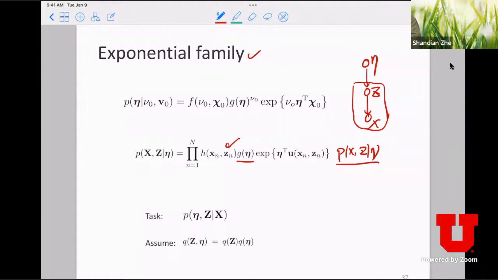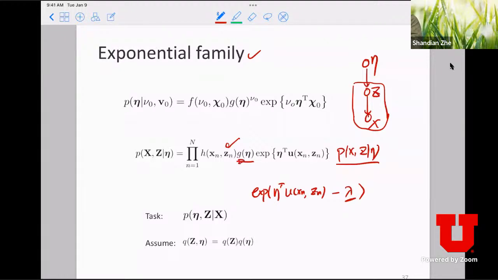Remember when we talked about the exponential family, we sometimes wrote something like lambda, right? This is just to ensure that this is a kind of log normalizer.